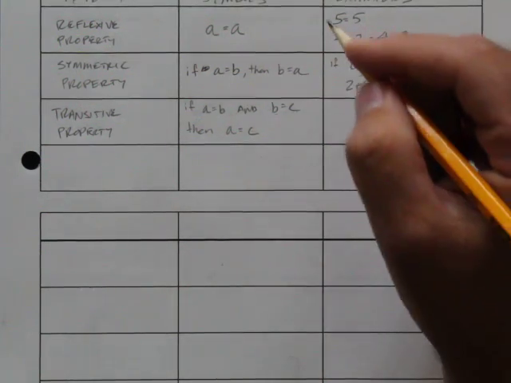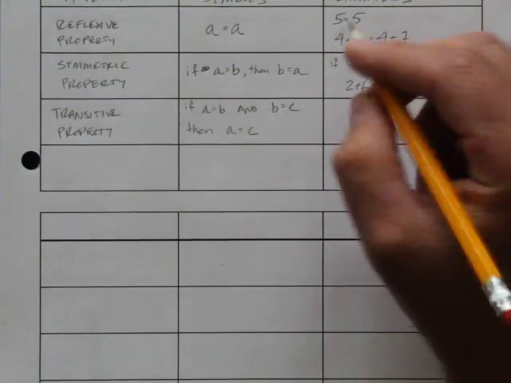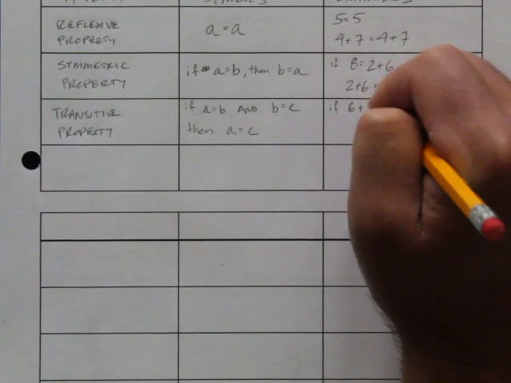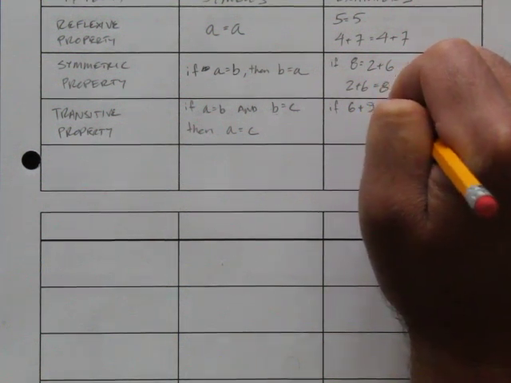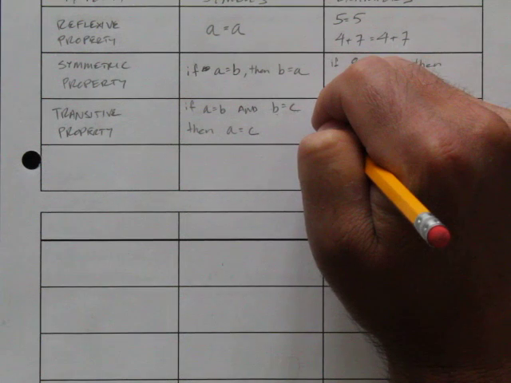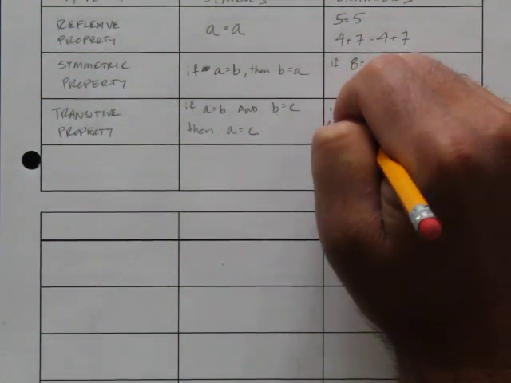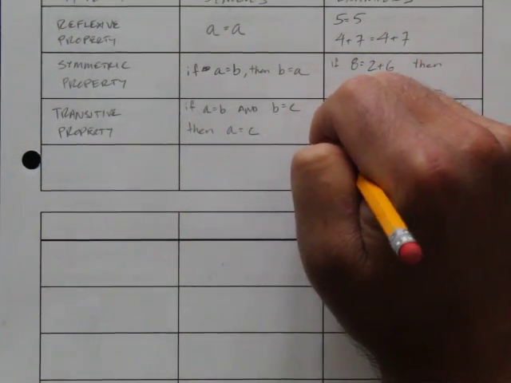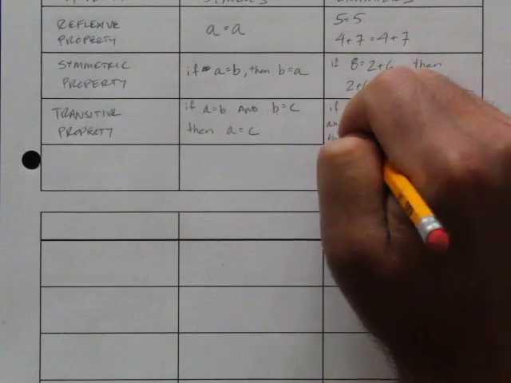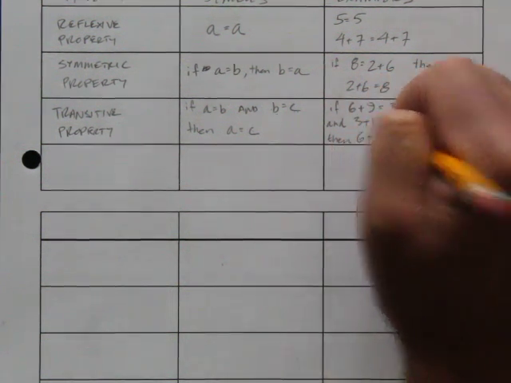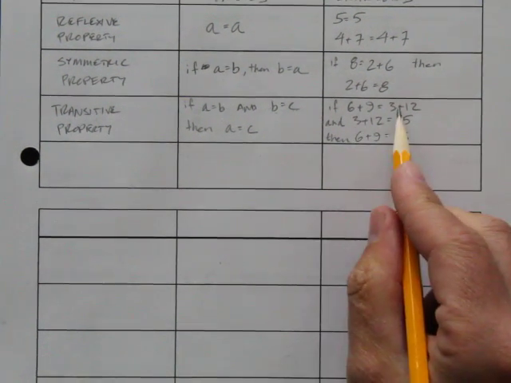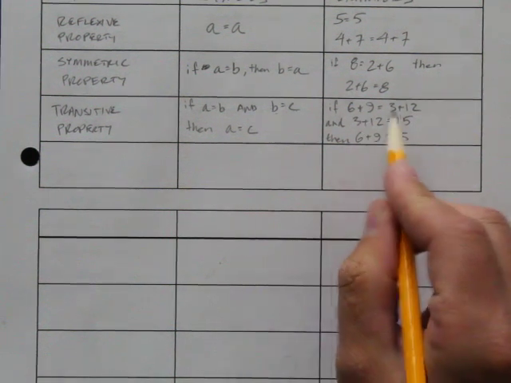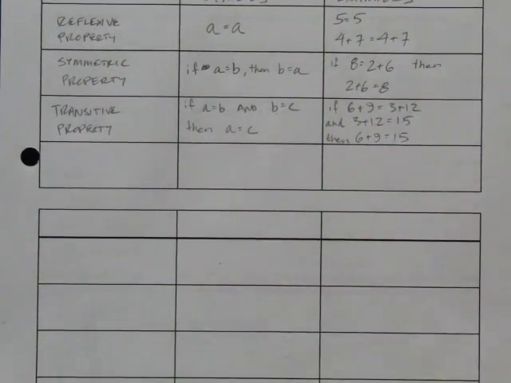There we go. So let's do an example with numbers here. If 6 plus 9 equals 3 plus 12, and 3 plus 12 equals 15, then 6 plus 9 equals 15. So if these two are equal and these two are equal, then these two are equal. A, B, C, A. Okay, good.